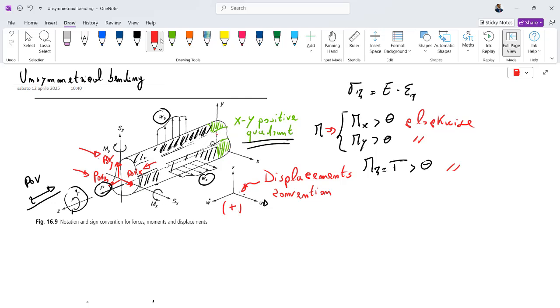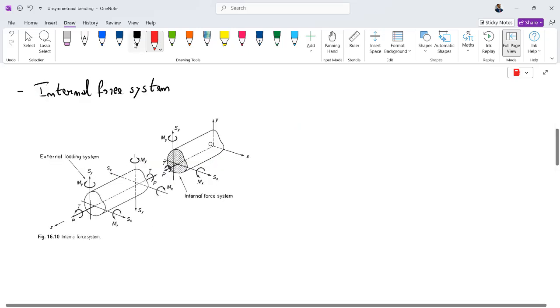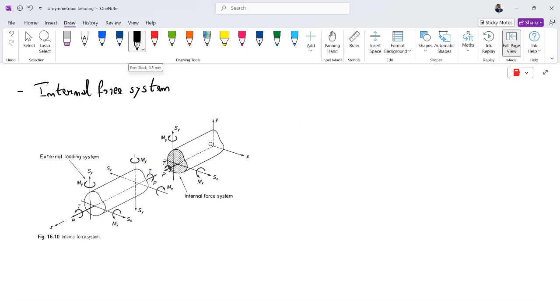All these 3 moments are positive if you make this consideration for My and Mx, or if you make a simple consideration from the point of view. You have 3 moments that are clockwise, and so in this case, for convention, these 3 moments are positive. Here, instead, we see an internal force system.